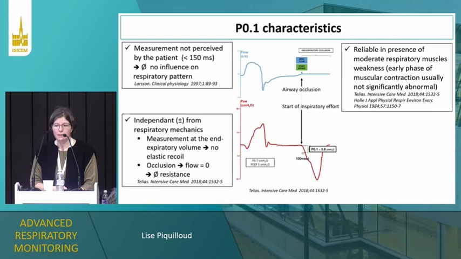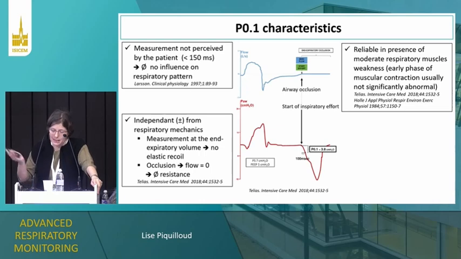And this is nearly independent from the presence of respiratory muscle weakness, because we are very early, and this very early phase, even in presence of weak muscles, it's not changed, at least except in the very, very severe situations.